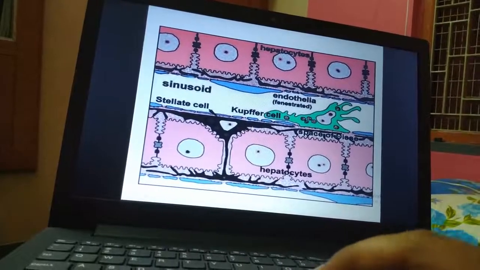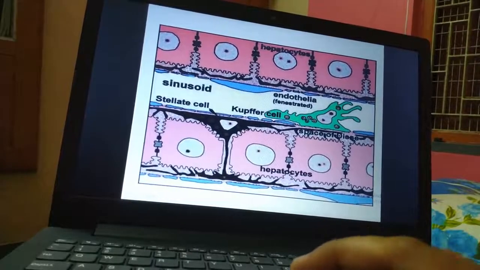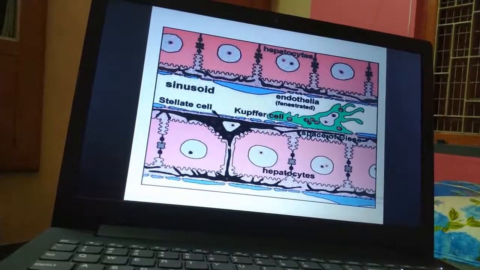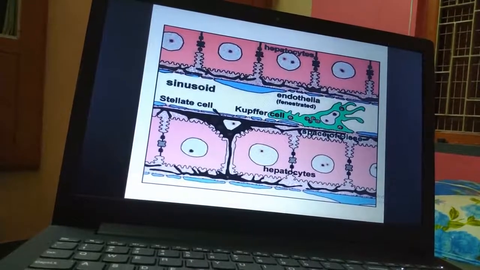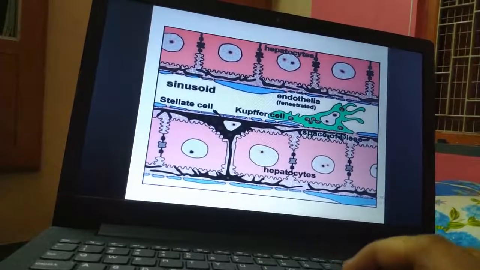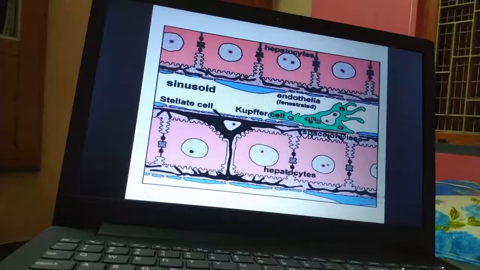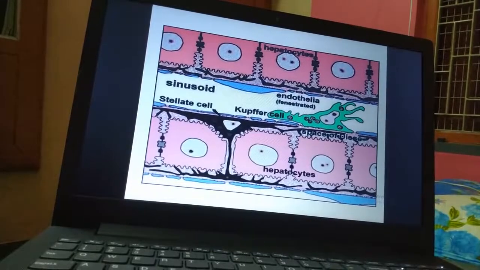Next is the canalicular surface. Here the cell membrane bears longitudinal depressions that are opposed to similar depressions on neighboring hepatocytes, and from this the bile canaliculus is formed.